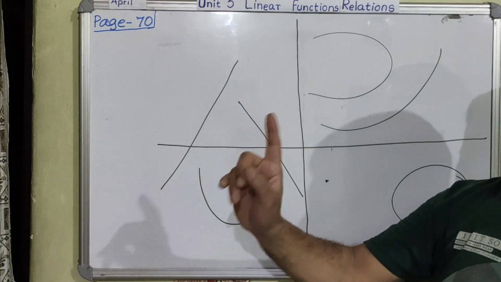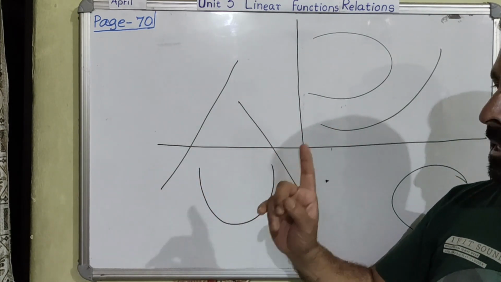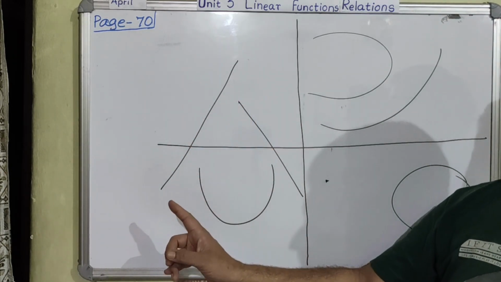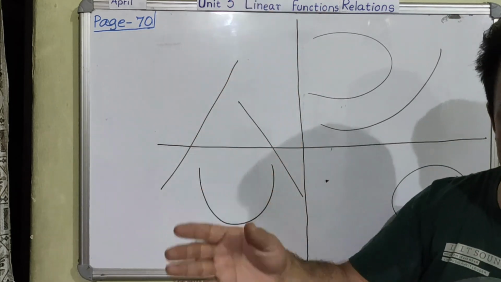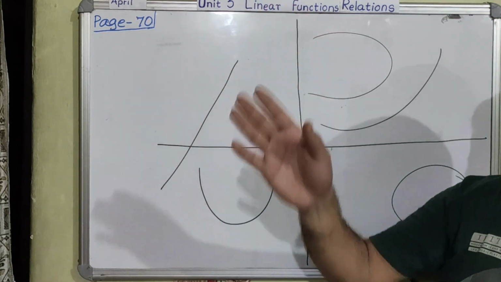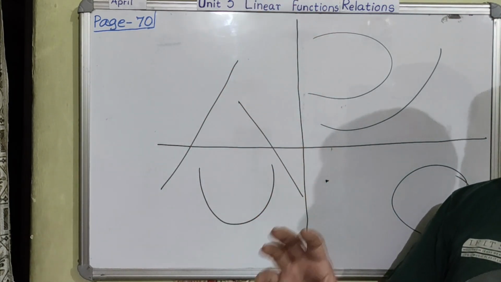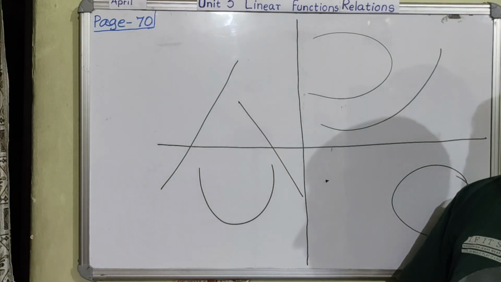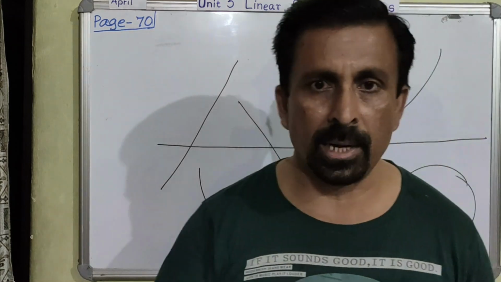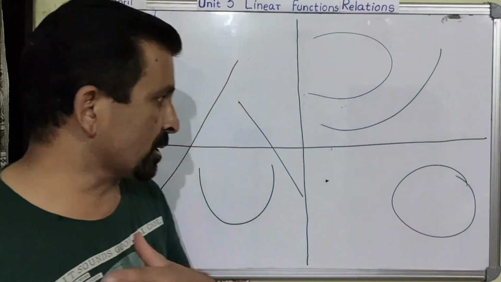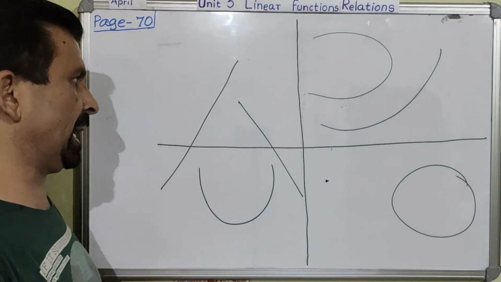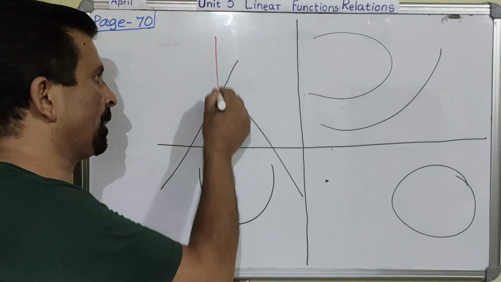But if you draw the vertical line and it cuts your graph at more than one point, that means that relation is not a function. So with that concept we can check this linear equation. You draw a perpendicular anywhere.